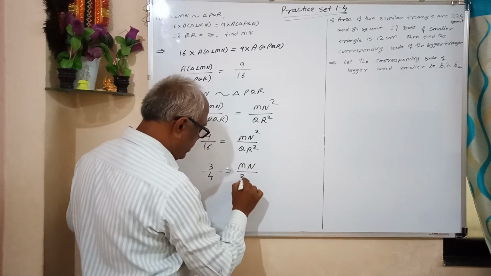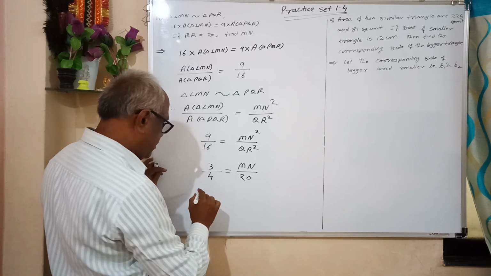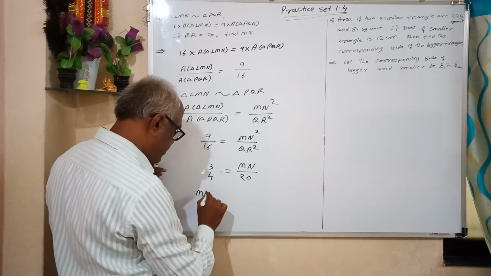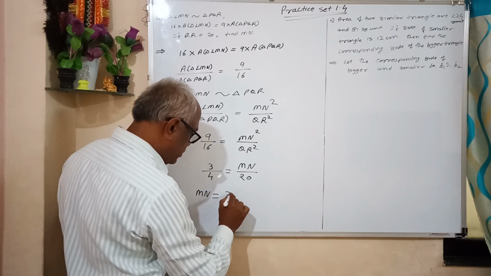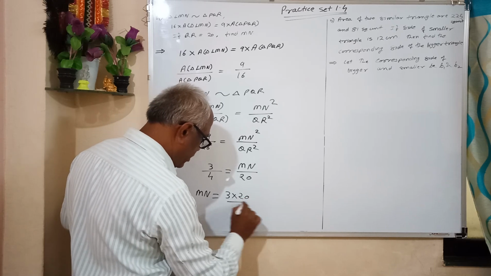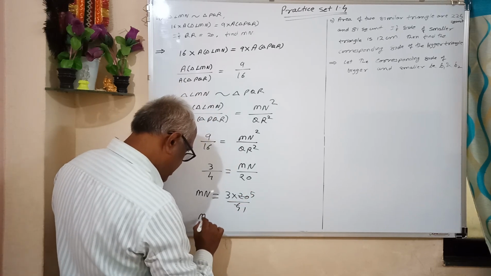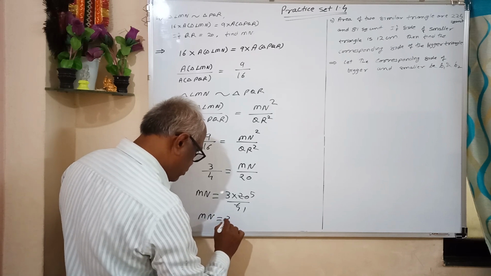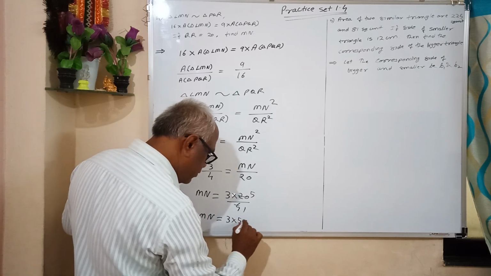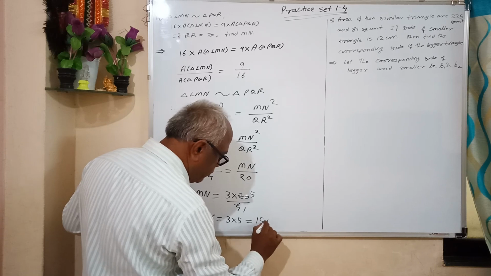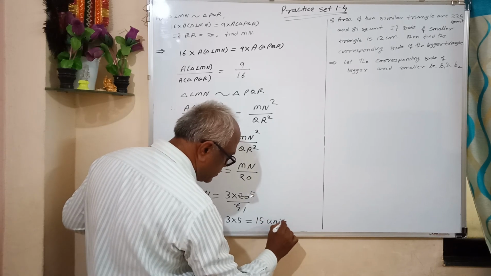QR is given 20. Therefore, MN is equal to 3 into 20 upon 4. 4 ones are 4, 4 fives are 20. MN is equal to 3 into 5, which is equal to 15 units.